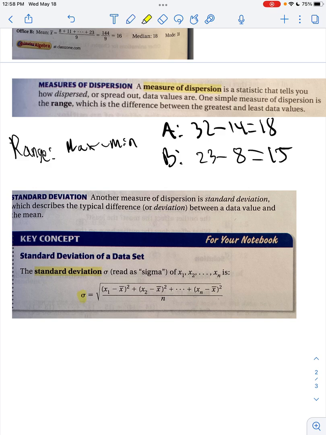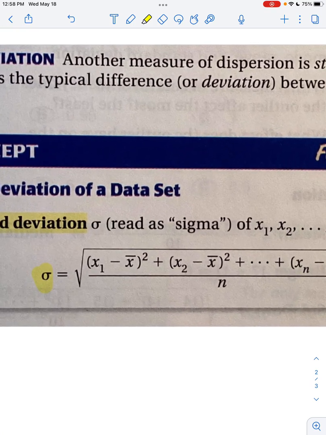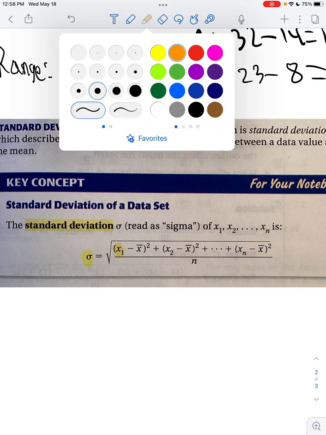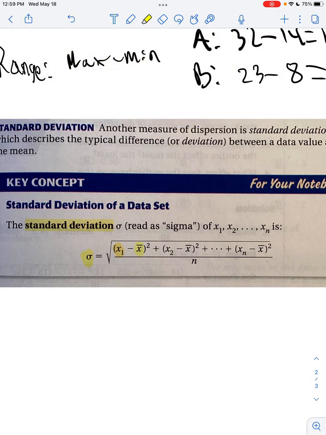We read this as sigma. Sigma is also the symbol for standard deviation. If you notice, we'll take whatever our new x value is, and then this x with a bar over it means average, also known as the mean.